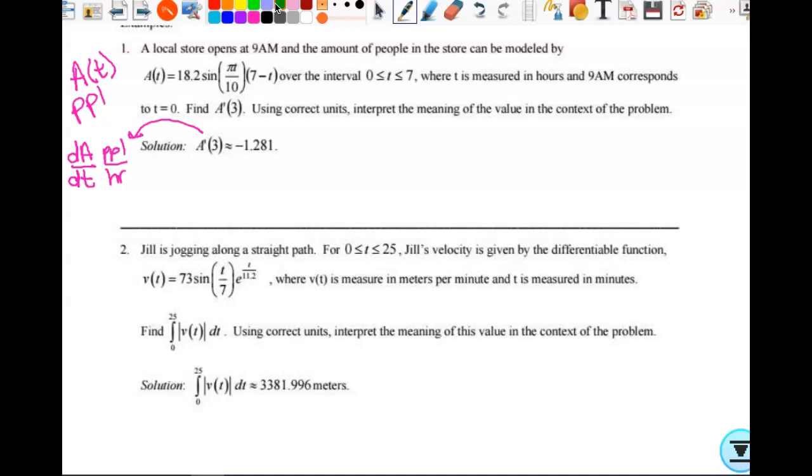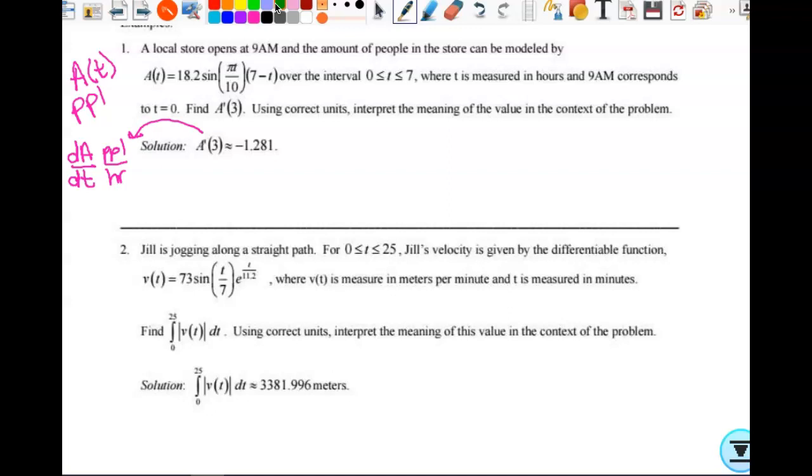Sorry. All right, so what does this represent? The rate of people in the store? Okay, so let's talk about the amount of people, is it increasing or decreasing? Decreasing, okay. So this represents the rate at which the amount of people is decreasing, right?